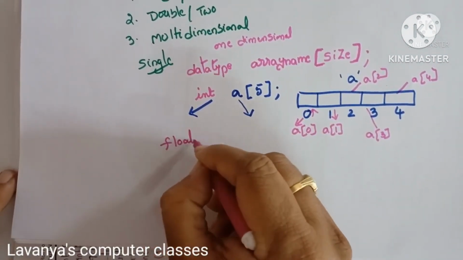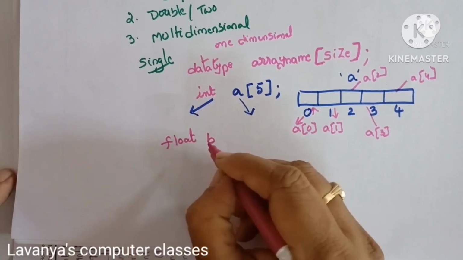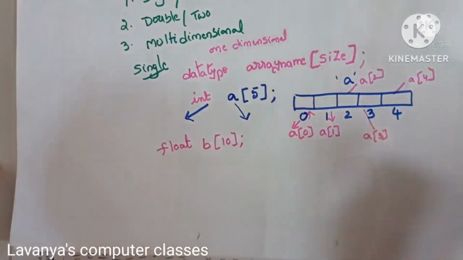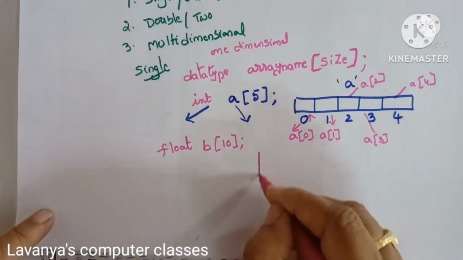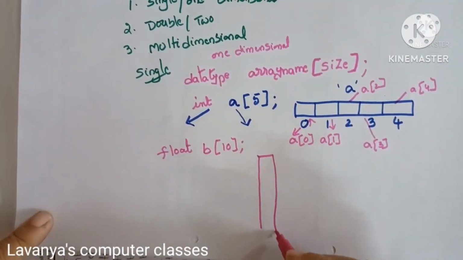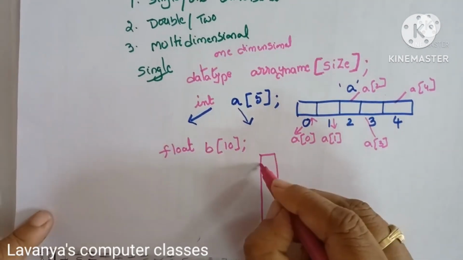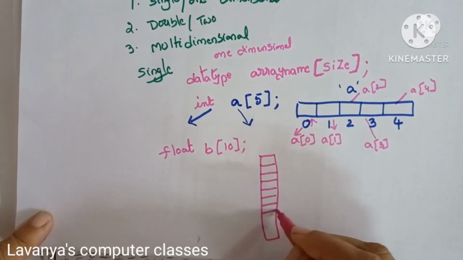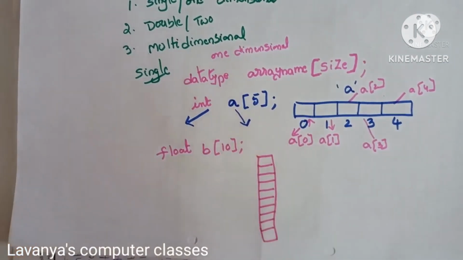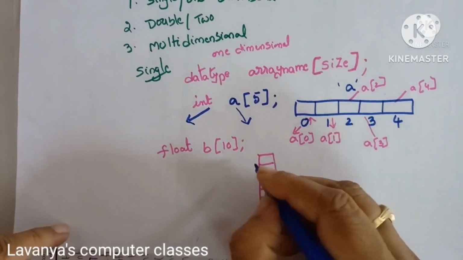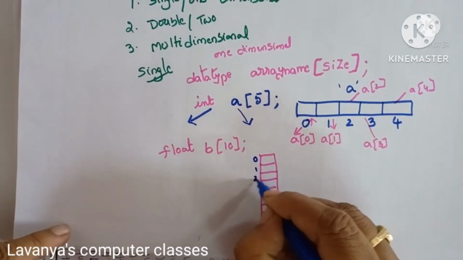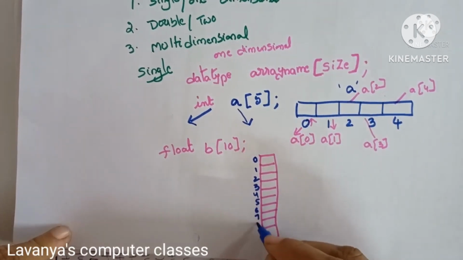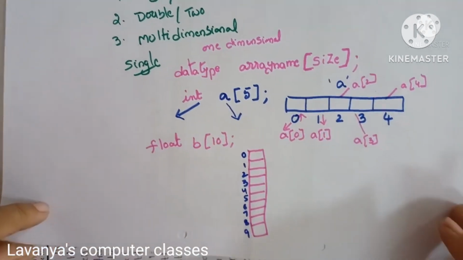Whenever we declare like this, it can take either horizontal form or vertical form. Now we'll take one more example like float. Float B of 10. So float is the data type, B is the name of the array. How many values do you have to store in this? 10 elements. So whenever we give it like this, 10 continuous memory locations are allotted for the variable B. So the places are 0, 1, 2, 3, 4, 5, 6, 7, 8, 9. 0 to 9, totally 10.